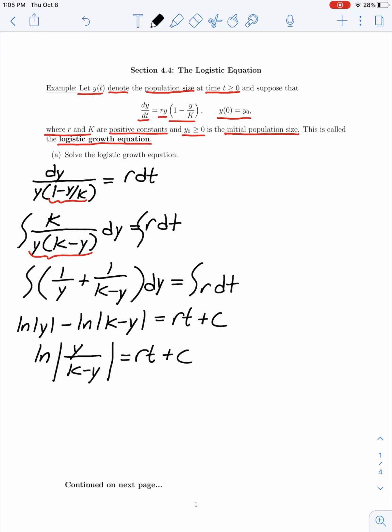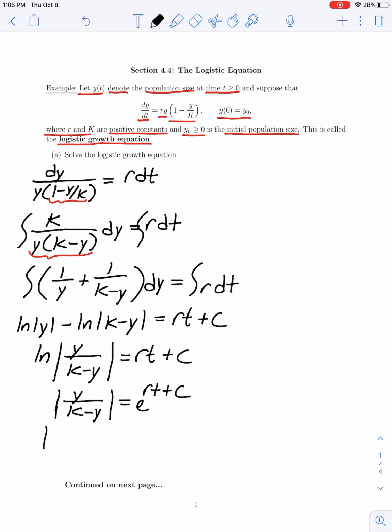And now, to eliminate the natural logarithm, I can exponentiate both sides with a base e, and I would have the absolute value of y over k minus y is equal to e to the rt plus c.